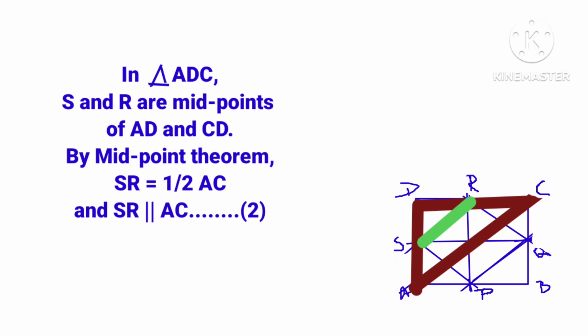Now in triangle ADC, S and R are midpoints of AD and CD. By midpoint theorem, SR is equal to half of AC and SR is parallel to AC, equation number 2.